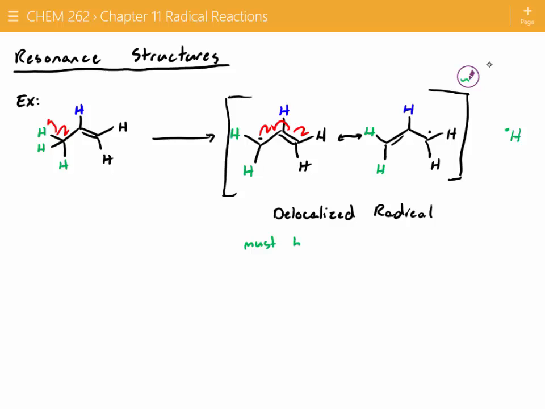So it must be sp2 hybridized to allow for delocalization. Which goes back to that same idea that when we've got a radical, it's got to be that trigonal planar intermediate.